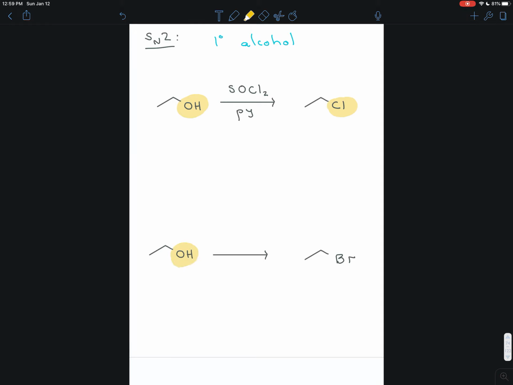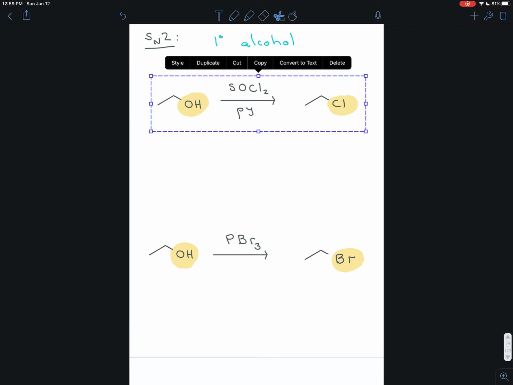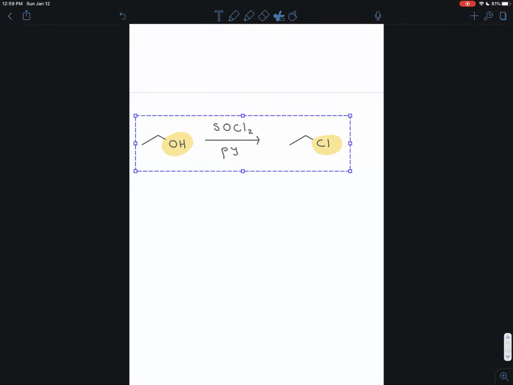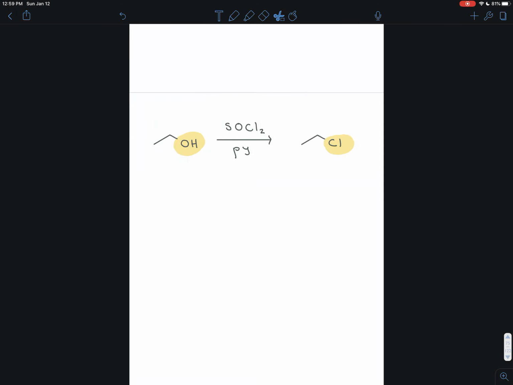If you want to replace a primary alcohol, an OH on a carbon bonded to just 1 other carbon, with a Br, then you'll want to add something called phosphorous tribromide, PBr3. Okay, let's look at the mechanisms for each of these one at a time. First, replacing an OH with a Cl using thionyl chloride and pyridine.